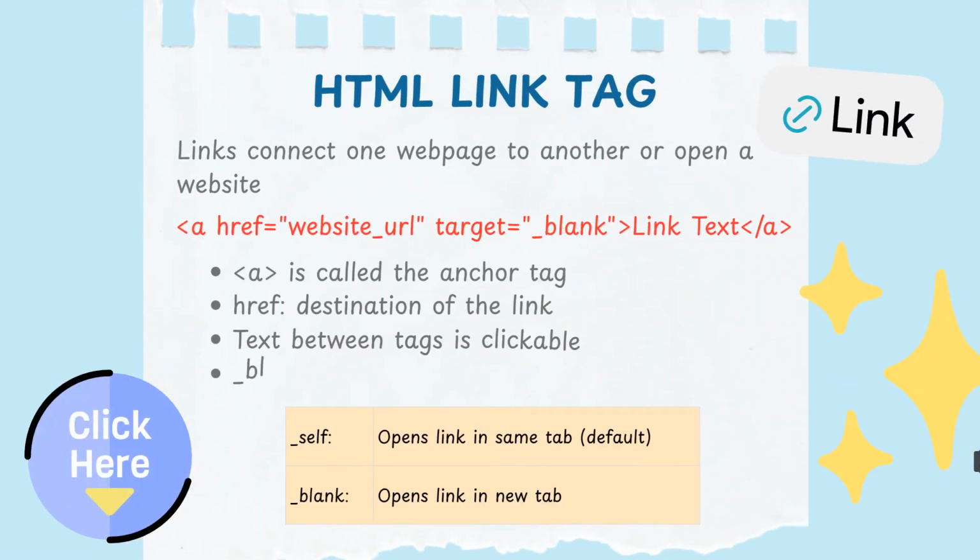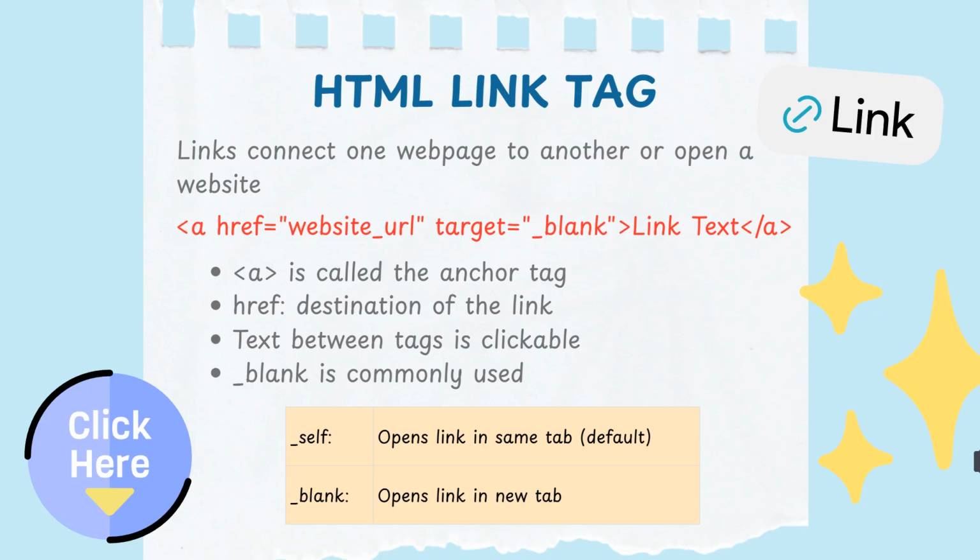Okay, now let's quickly move ahead with the HTML link tag. Now let's learn that links are created using an anchor tag, the a tag. We say it as anchor tag. So links connect one web page to another web page or open a website when you click on it.